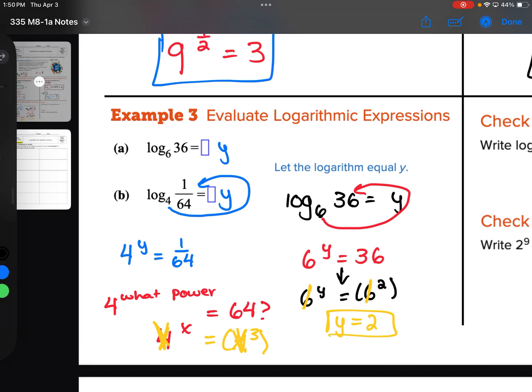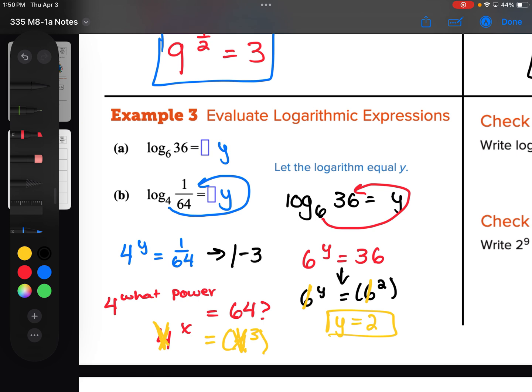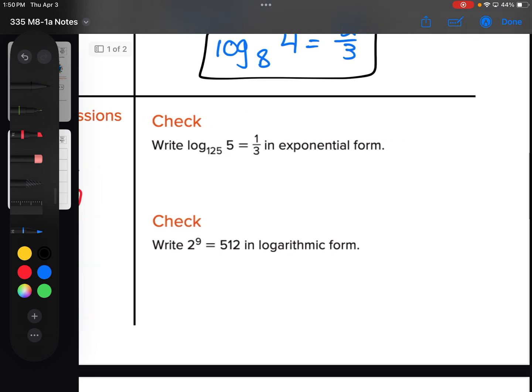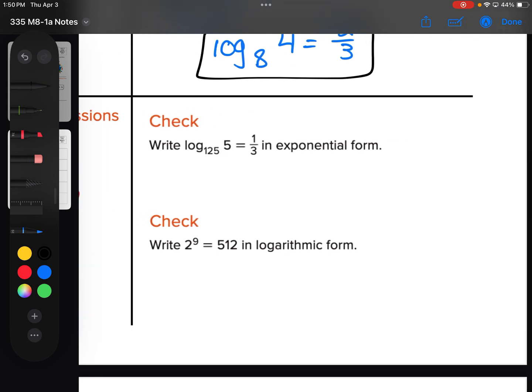So in this example, it's negative 3. The answer for part B is negative 3. The answer for part A is 2. So you're pretty much asking yourself, what would that exponent be to get it to work? And you can use the tricks that we've been doing. At this point in the video, you can pause it, try the checks, work these out, and that's your notes.